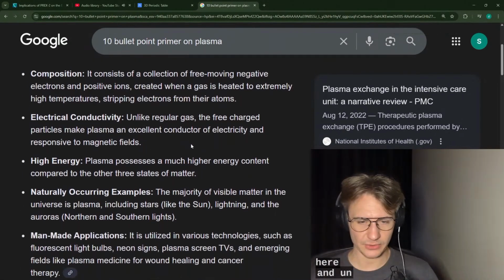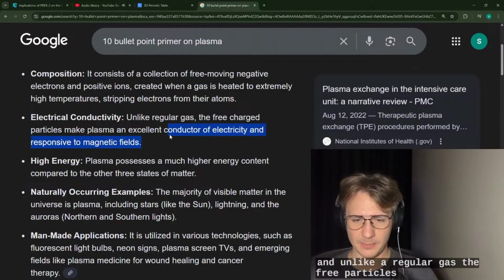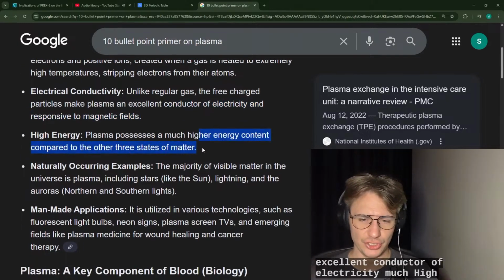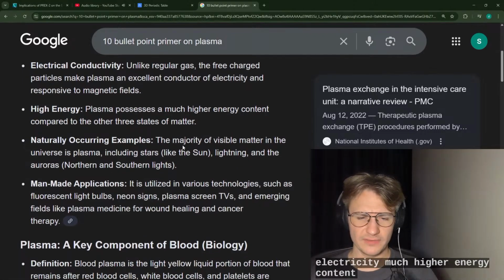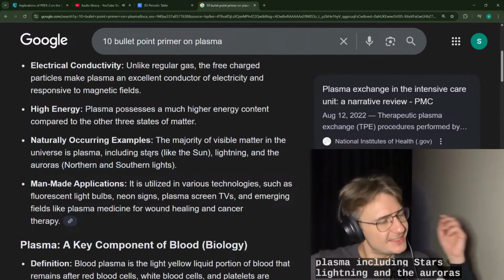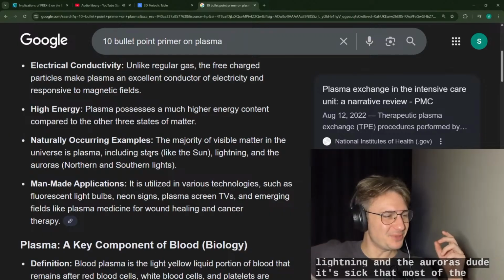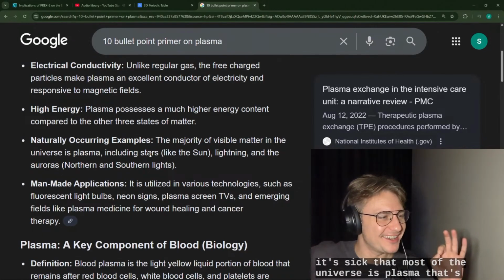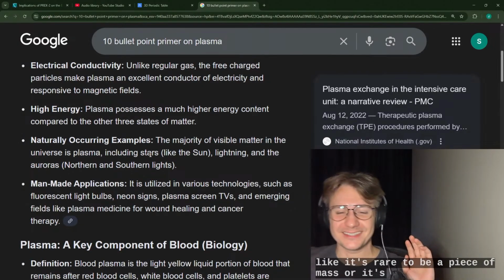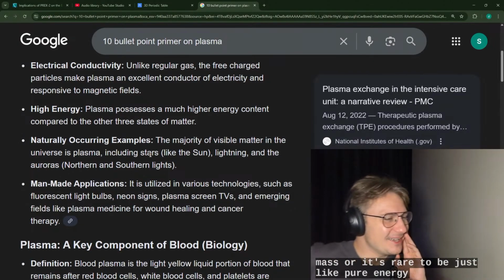Unlike a regular gas, the free particles make plasma an excellent conductor of electricity, with much higher energy content. The majority of the visible matter in the universe is plasma, including stars, lightning, and the auroras. Dude, it's sick that most of the universe is plasma. It's rare to be a piece of mass, or just pure energy. Wonderful that is.